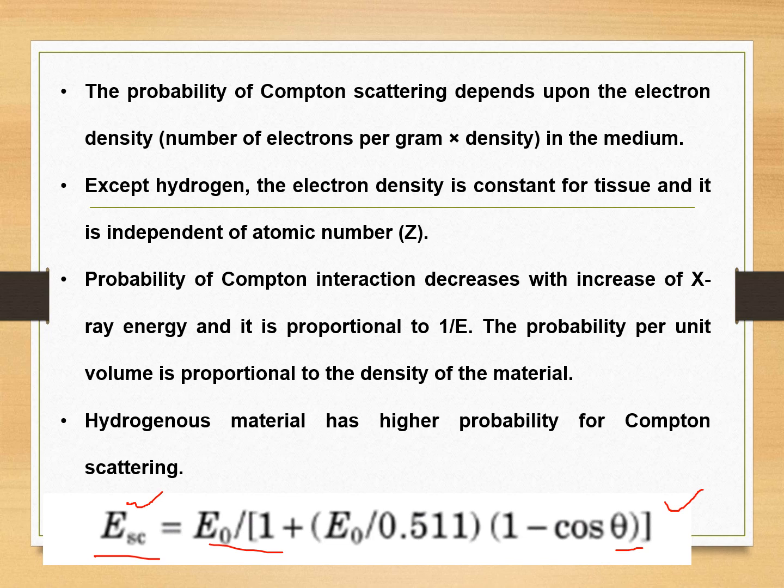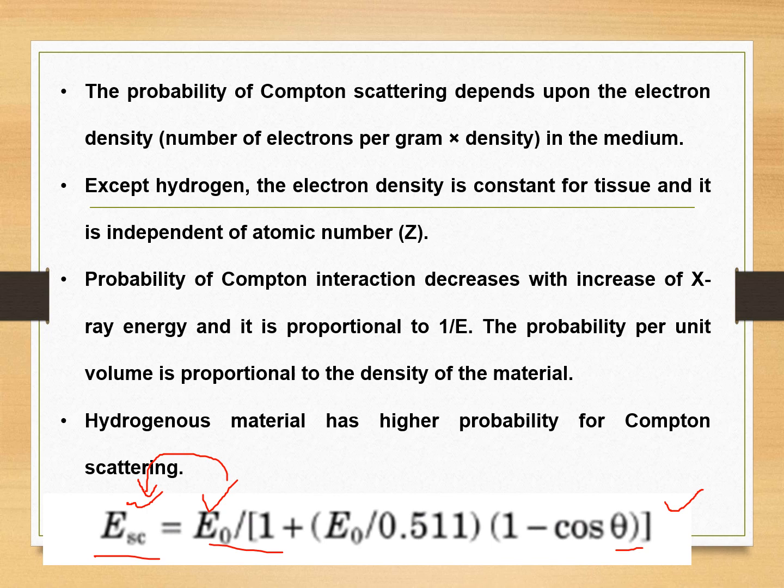The energy of the recoiling electron can be calculated as the incident photon energy minus the energy of the scattered photon. That will give the recoiling electron's energy. Now, the probability of scattering depends upon the electron density.